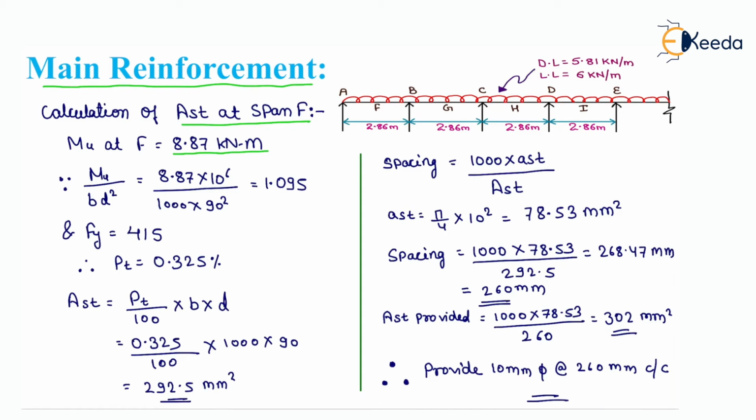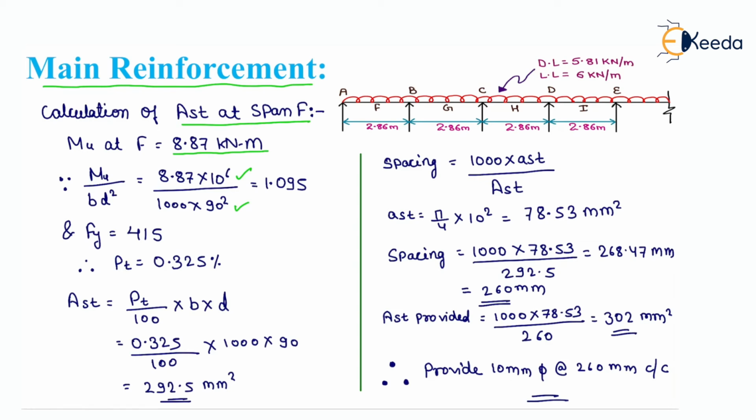In this table, for different values of Mu upon bd square ratio corresponding to fy, find the value of pt. It can be obtained directly or by interpolation. Mu upon bd square equals, putting the values in this formula, 8.87 into 10 to the power 6 upon 1000 into 90 square.